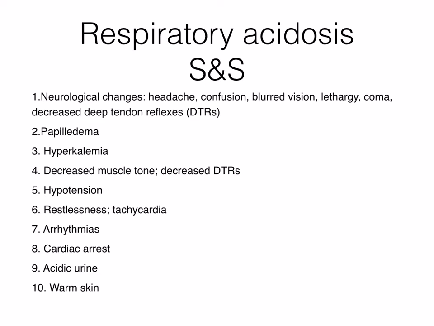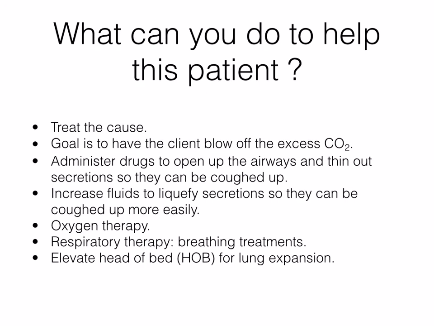Now, what can you do to help this patient? Always treat the cause. You have to see what is leading to buildup of so much acid in the patient's body, and the goal will always be to have the patient blow off the excess carbon dioxide.